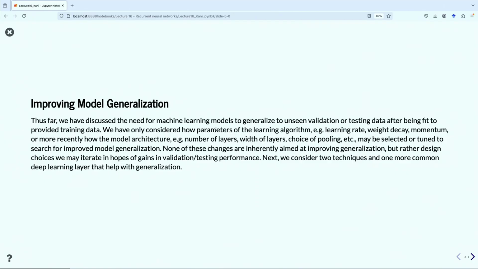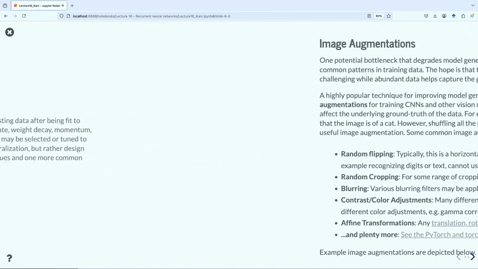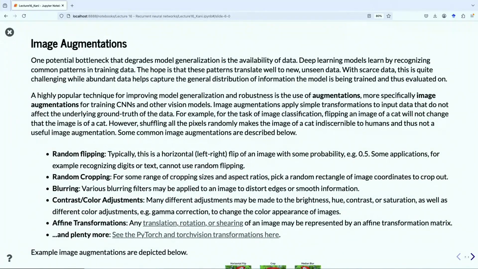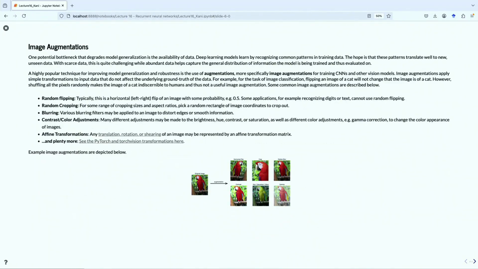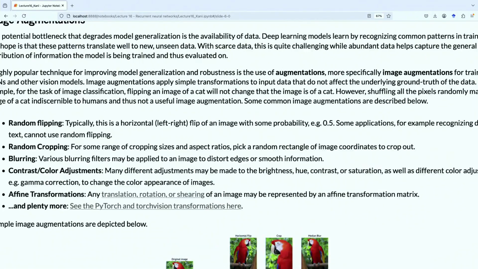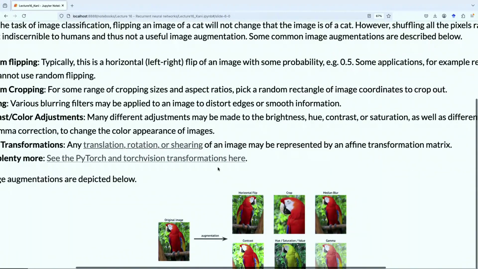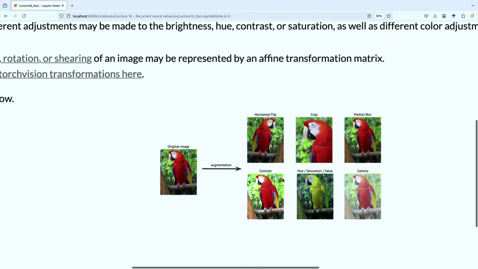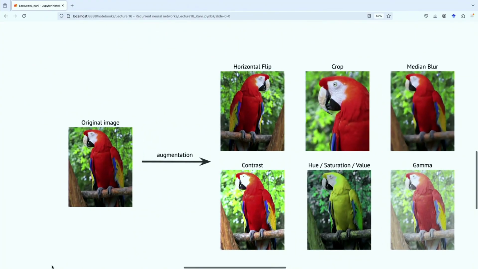The idea is there might be a way to artificially modify the data so that it's subtly different, but when the model sees it, it still has to label it as the same thing. So for instance, let's say we had an image of a parrot, right?